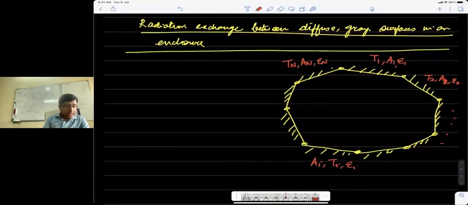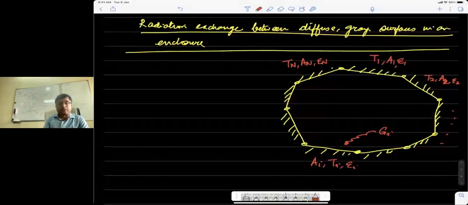Now the problem is slightly complicated, as I said, from the black body case, because in this situation, if a surface I has some irradiation Gi, not all of the irradiation is absorbed by the surface, but some would actually get reflected. So what emerges from each surface is its radiosity, which has some component of irradiation and some component of emission.